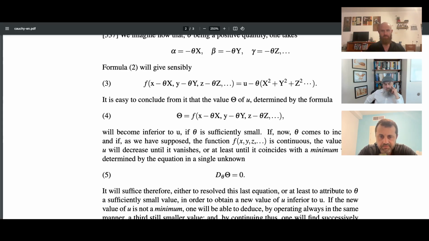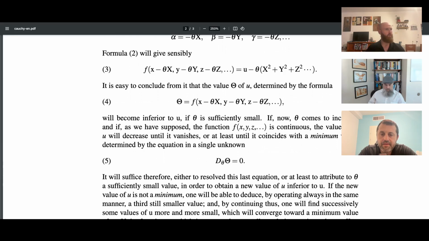And now when he's substituting those definitions into the function, this function is always decreasing because this value here, which is theta times the sum of X squared plus Y squared plus Z squared, again the derivatives, is always positive.